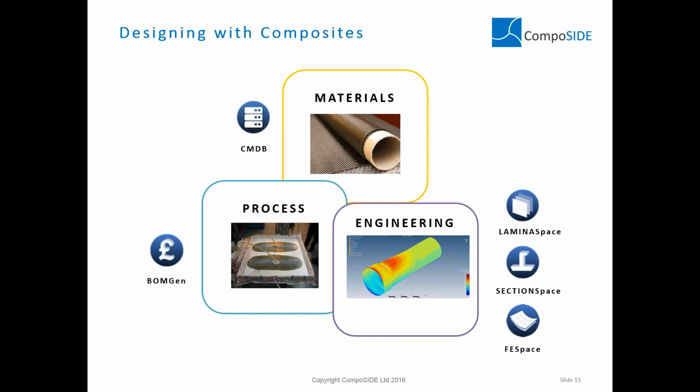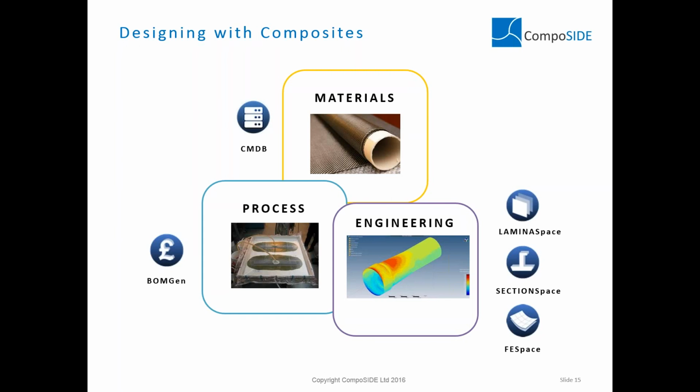So for this, we've developed CompoSIDE so that everything's linked together: all the process, engineering, and materials, along with a basic set of materials which you would get with your trial subscription, and the CMDB add-on, which is quite an extensive list of materials, not just composites, but metallics, woods, adhesives, etc.